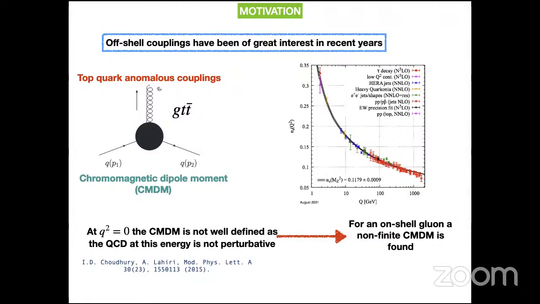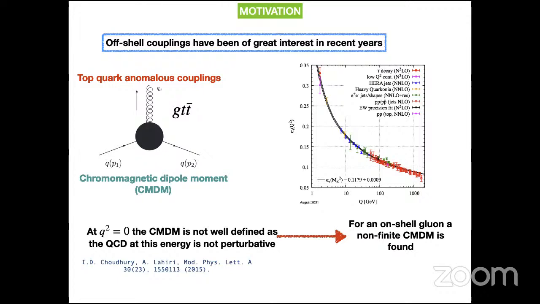In this case, the chromomagnetic dipole moment has been studied a lot in the last years, because there is a lot of disagreement with calculations. First, I want to note that when the gluon is on shell, we have this condition: Q squared is equal to 0. Remember, Q in this case is the four-momentum of the gluon.